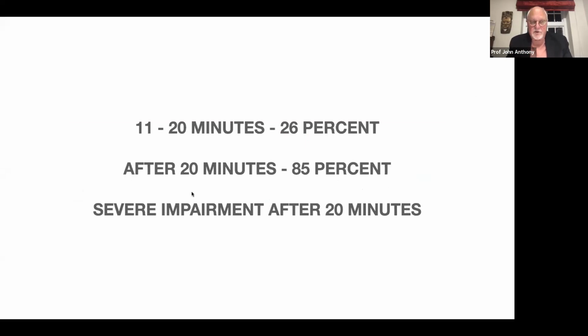And what he showed was that it only takes 11 to 20 minutes of a persistent fetal bradycardia for 1 in 4 babies to sustain evidence of a hypoxic injury. And after 20 minutes, 85% of babies will have evidence of a neurological injury. And the nature of that injury is going to be severe impairment in most cases.